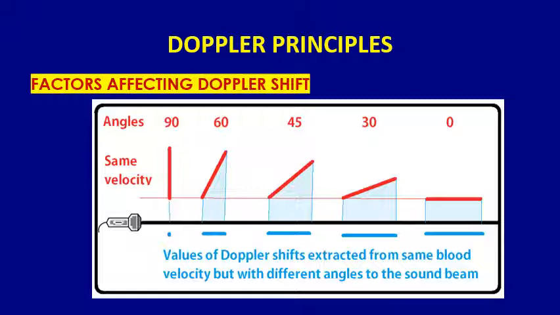No, because if you provide this angle to the ultrasound system, it will recalculate and provide you the correct velocity out of that 50% Doppler shift. How? Because I provide this angle through the Doppler equation to the ultrasound system. We'll come to this later on.